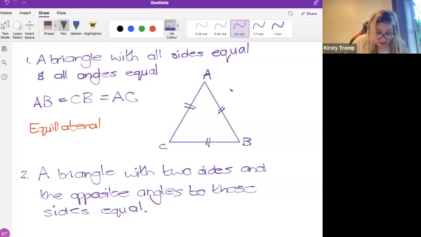So a triangle that has 2 sides and the angles that are opposite those sides that are equal.